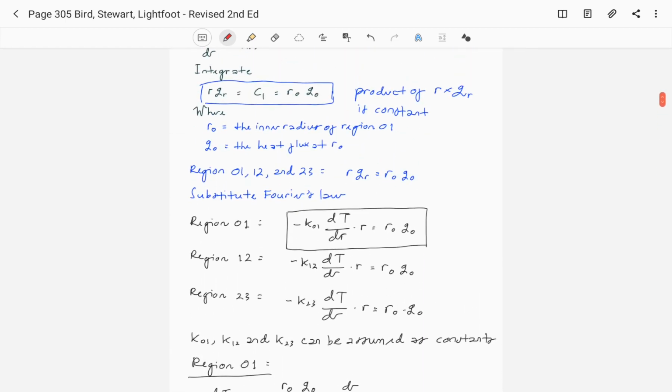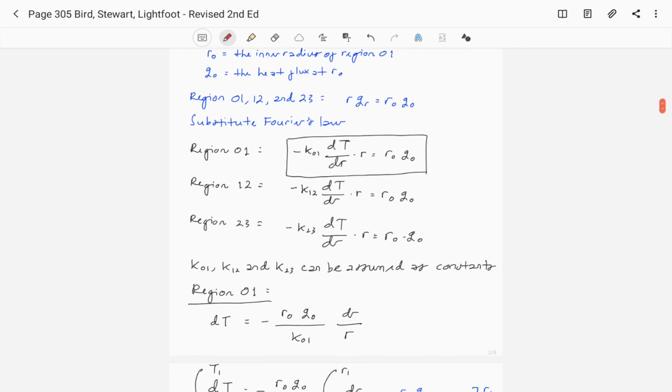So it's very important to notice that here only the product of the Rn and the heat flux is conserved, whereas before the heat flux itself was conserved, because there is no curvature effect.